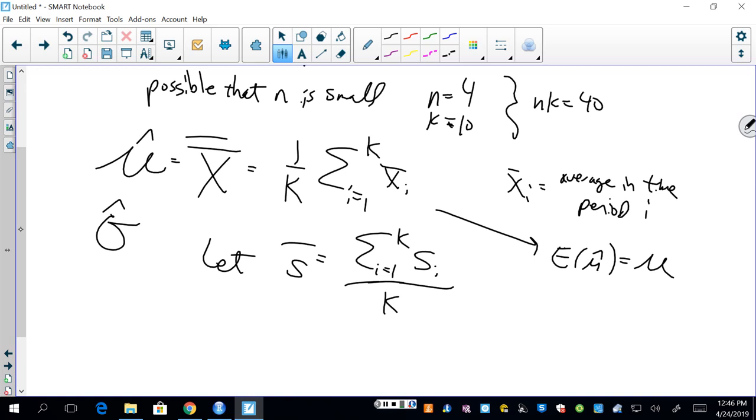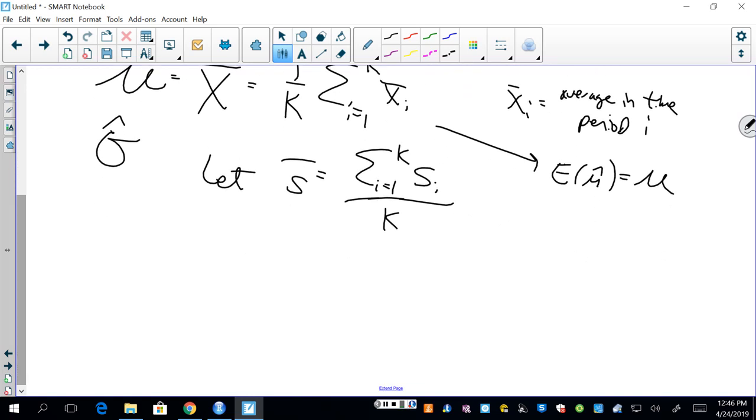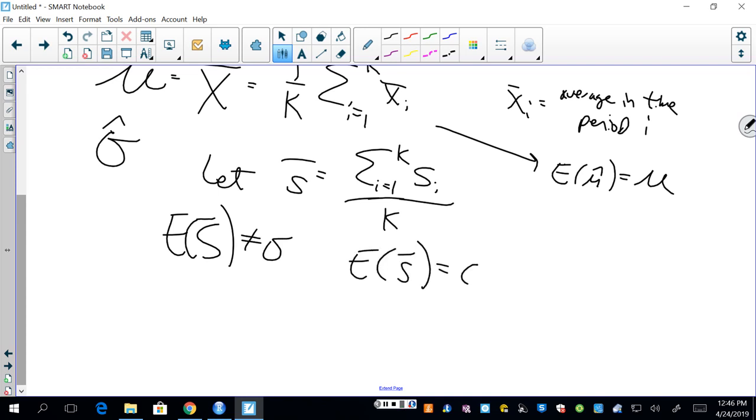It turns out that the expectation of this S bar does not actually equal our sigma that we want to know. The expectation of S bar is sigma times some coefficient. And I think that's even an approximation.